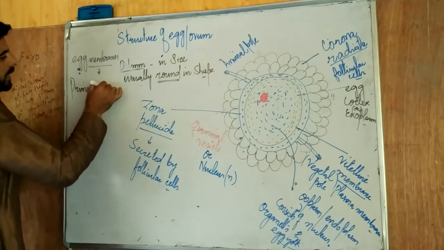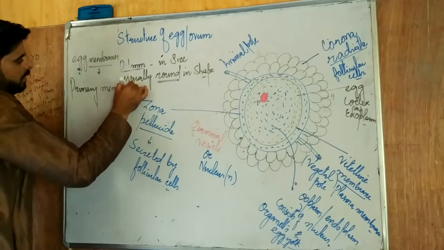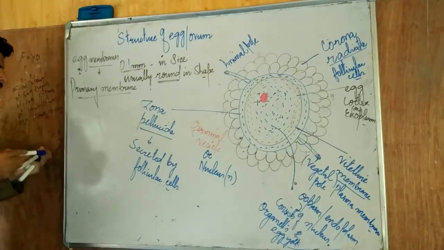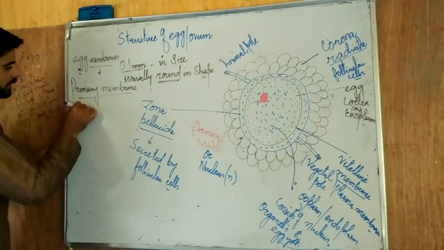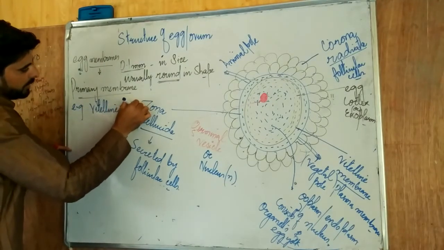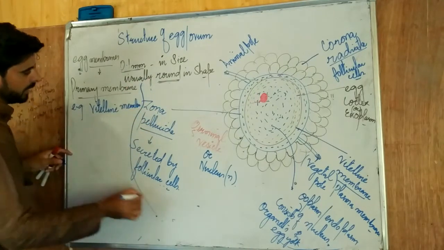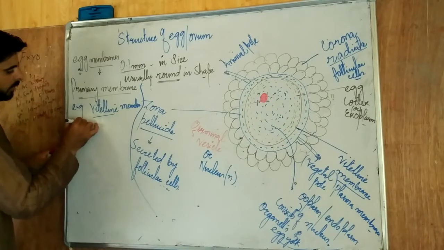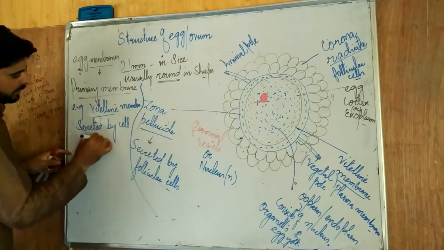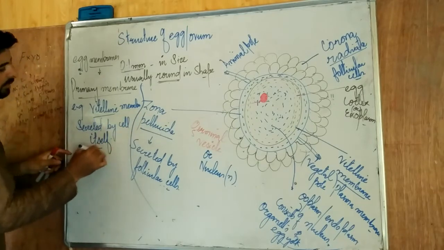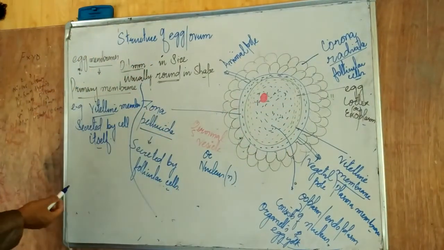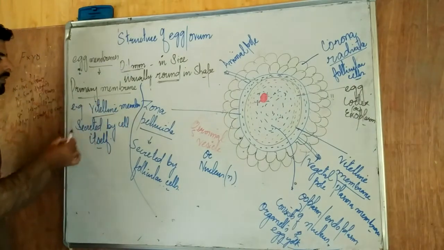The first one is the primary membrane. An example of the primary membrane is the vitelline membrane, and it is secreted by the cell itself. So the plasma membrane or vitelline membrane surrounding the egg we call the primary membrane. It is secreted by the cell itself.